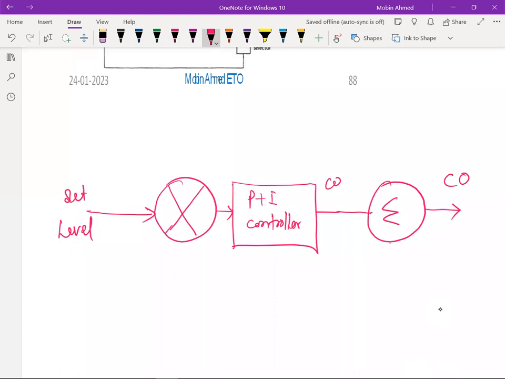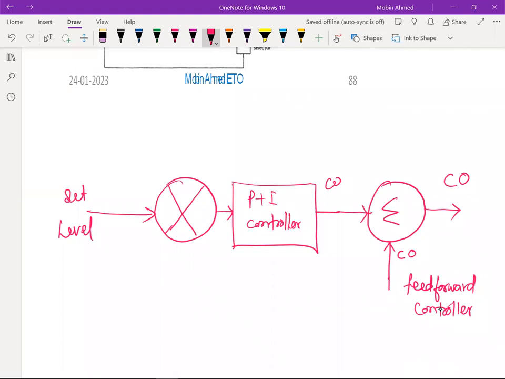But what this summer is doing is that one input is coming from here, and the other input is coming from the feed forward controller.